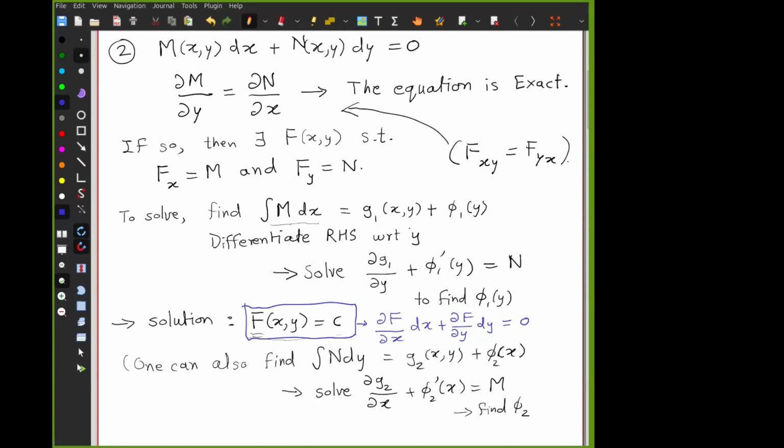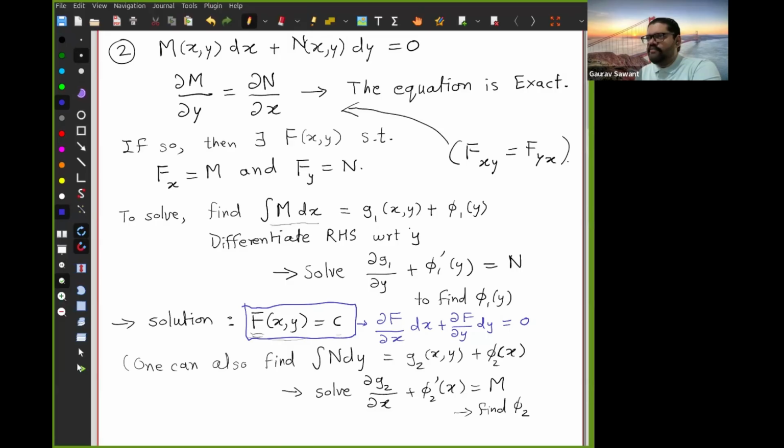So if you see, if the function M is exactly satisfying this f sub x, or this del f by del x equal to M, and f_y equal to N will correspond to this del f by del y equal to N. So in case your functions M and N are of this form, then this works, because when you take the mixed partial derivatives in different orders, they have to be the same.